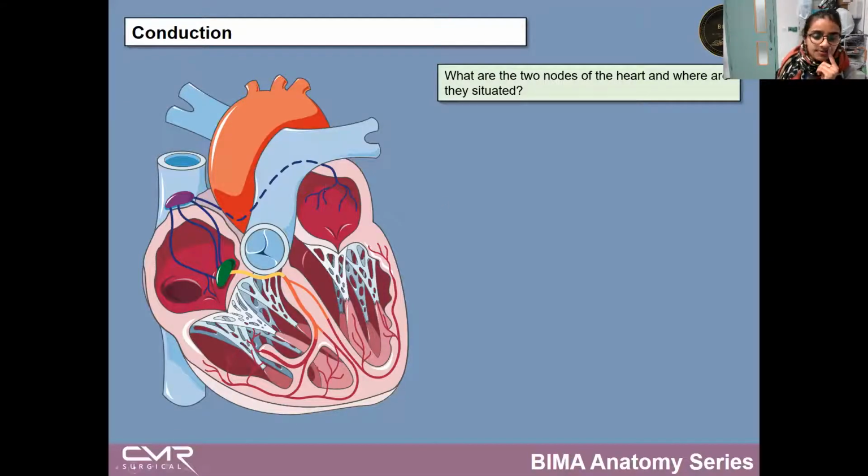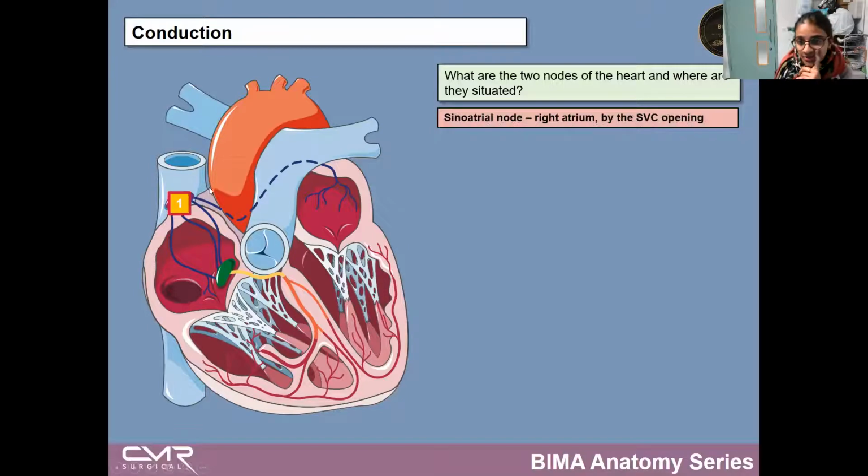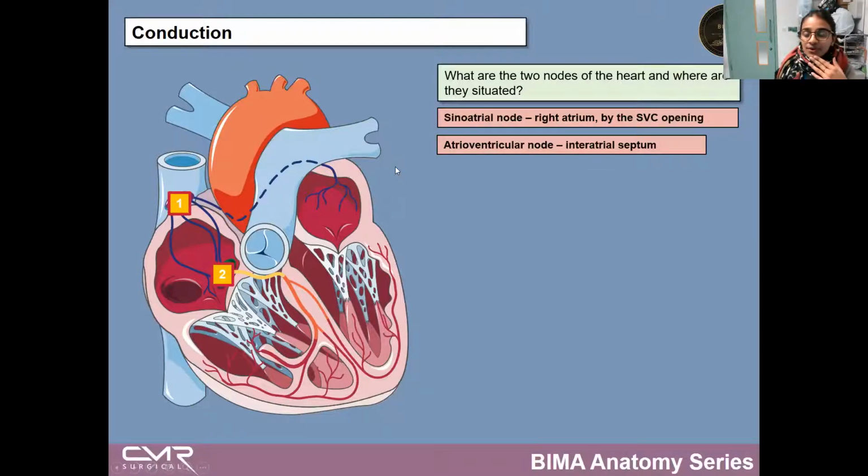We've got the sinoatrial node, which sits in the right atrium, right by the superior vena cava opening. So quite superiorly. And then we've got the atrioventricular node, which sits in the interatrial septum. So it sort of divides both atria, but also the atria and the ventricles of the right side particularly.